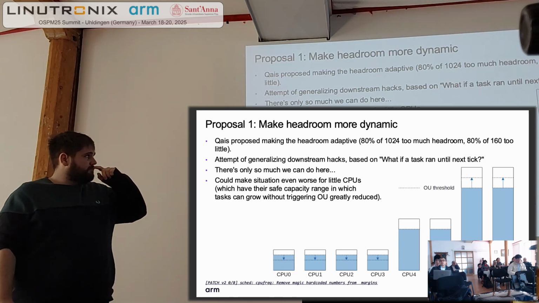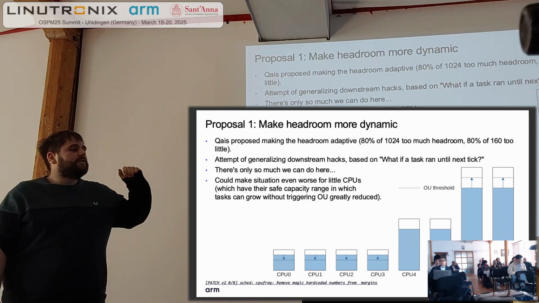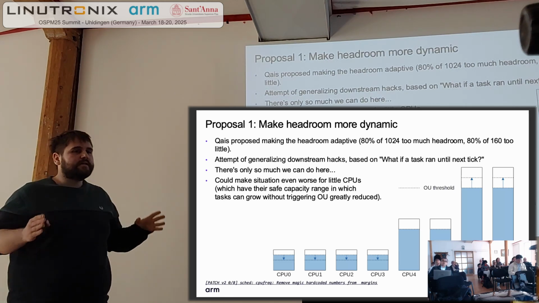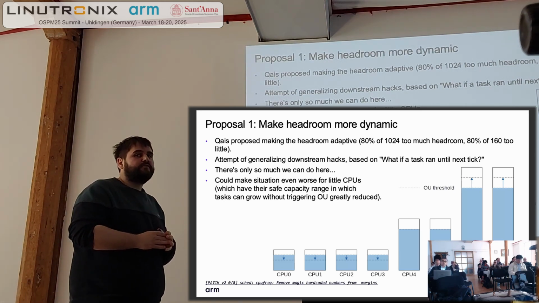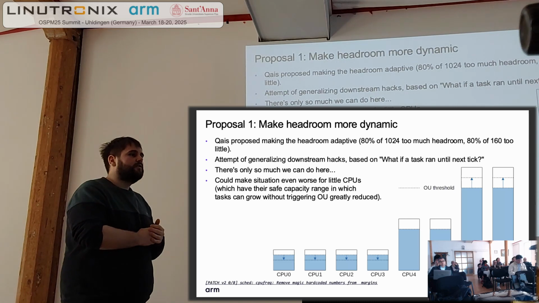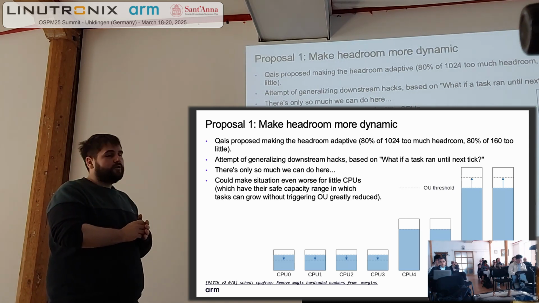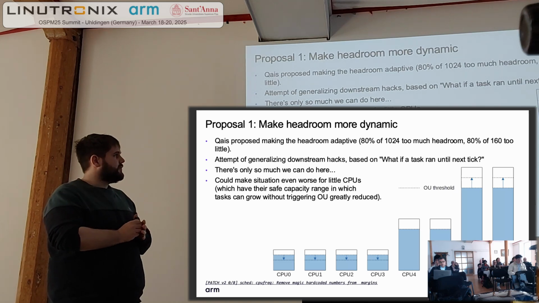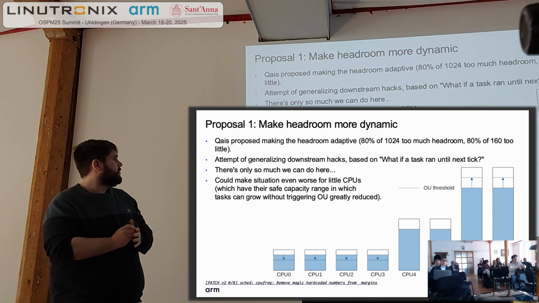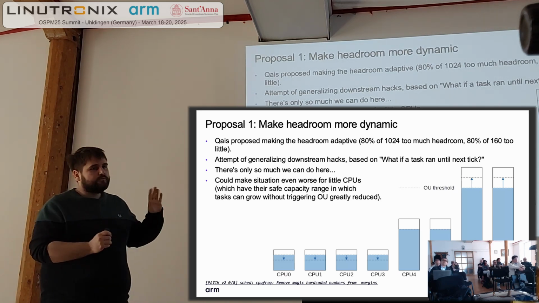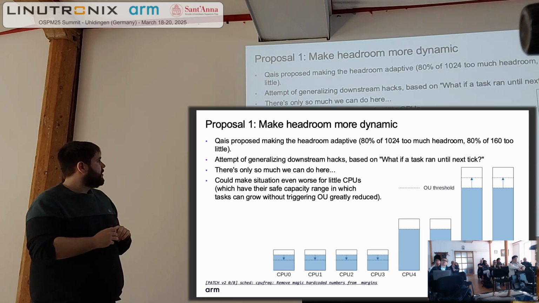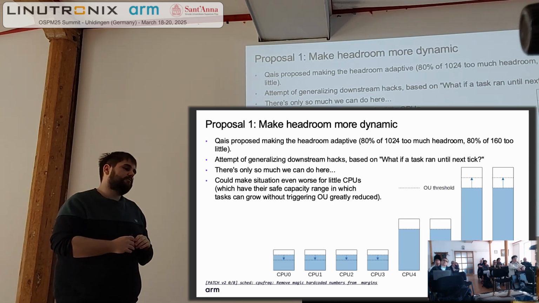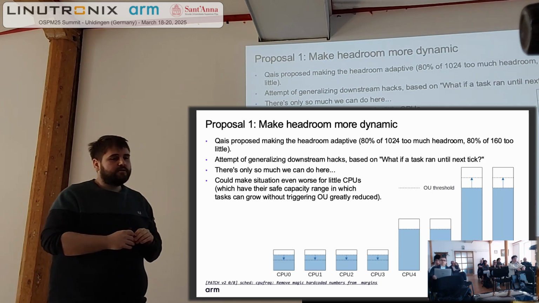So he asked, what if there's one task that runs until the next tick? Would it accumulate enough util average to go beyond the compute capacity of that CPU? And that's how he defines the new threshold. It's quite a clever approach. I think it's a bit limited because it's still just one threshold based on utilization.